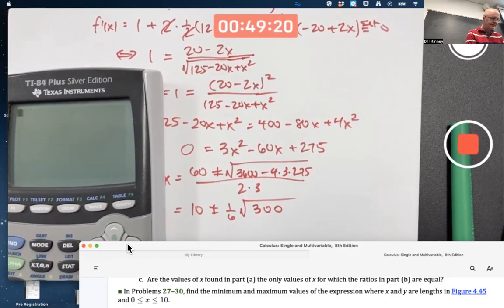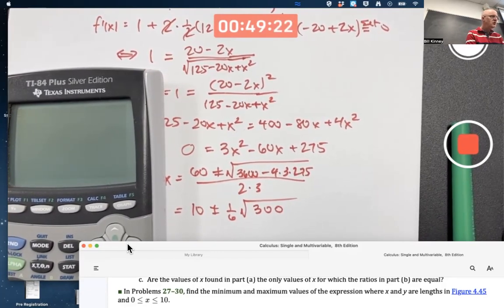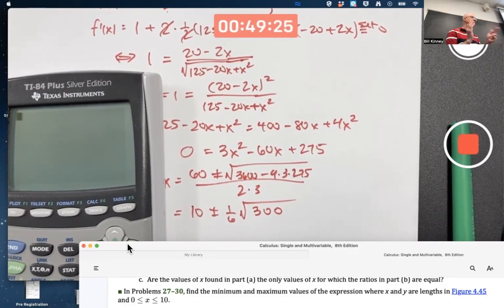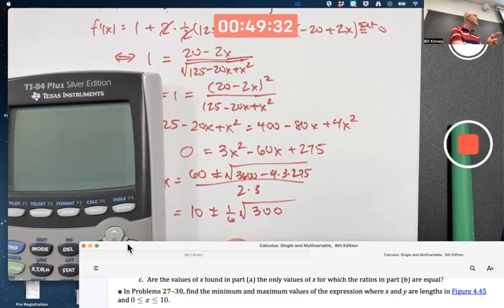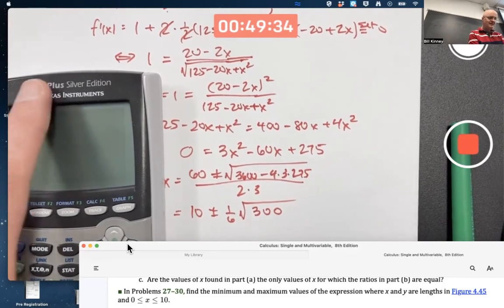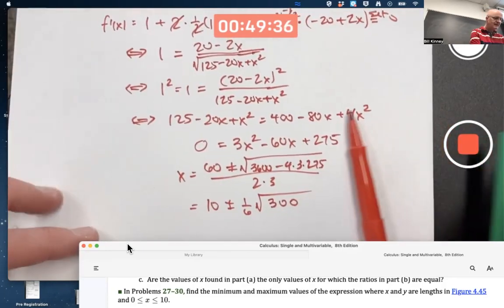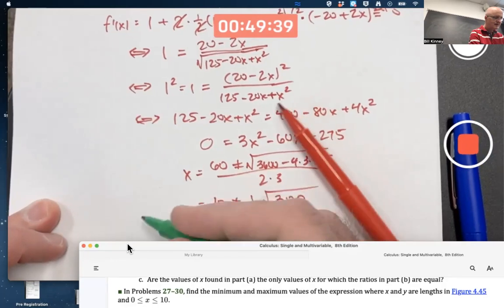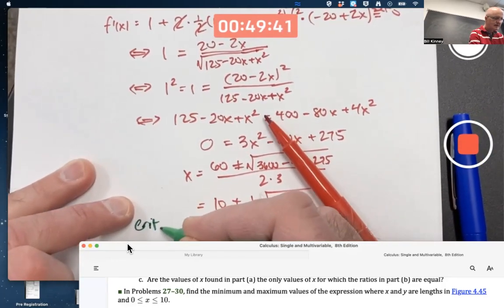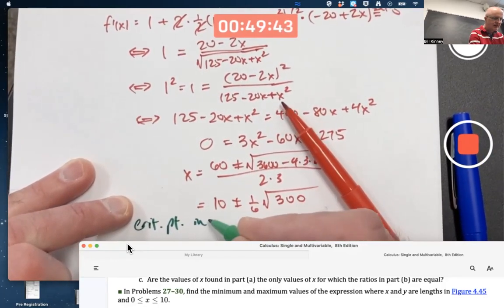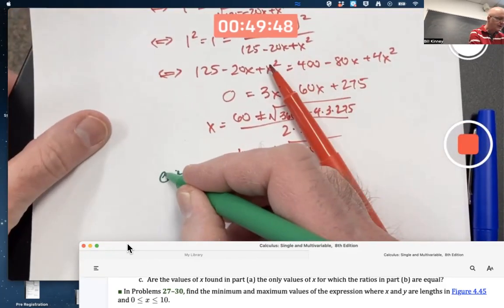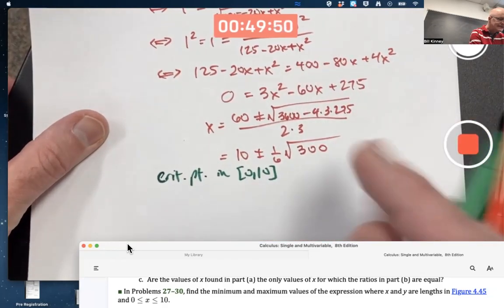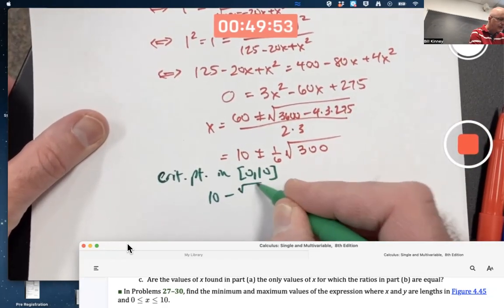Let's just go ahead and approximate these things. We do want the critical point to be between 0 and 10. Actually, that means we'd have to take the minus, wouldn't we? The critical point in the interval from 0 to 10, that's a C here, critical point, is 10 minus square root of 300 over 6.